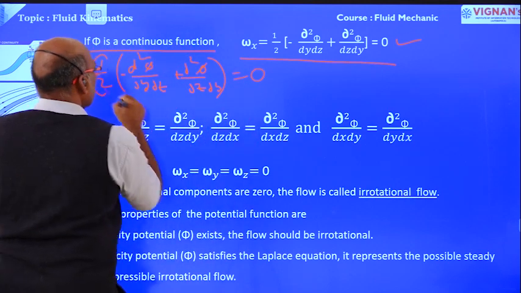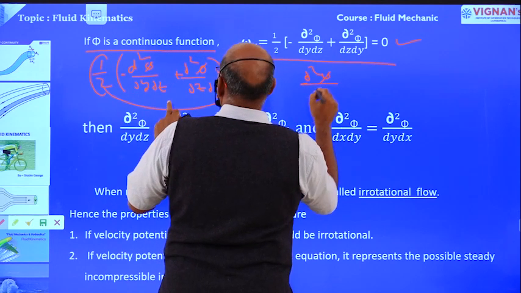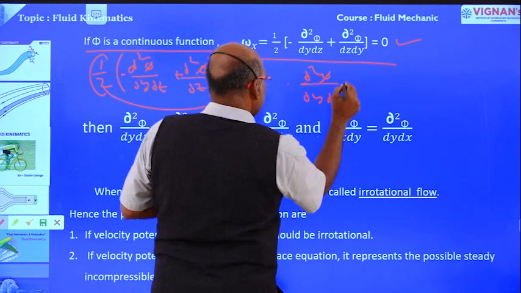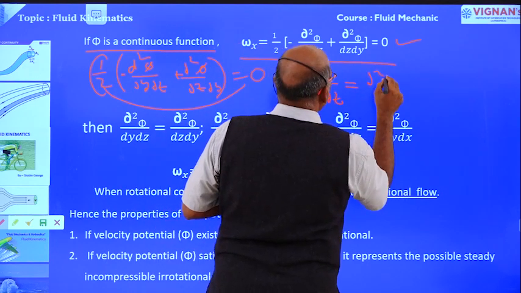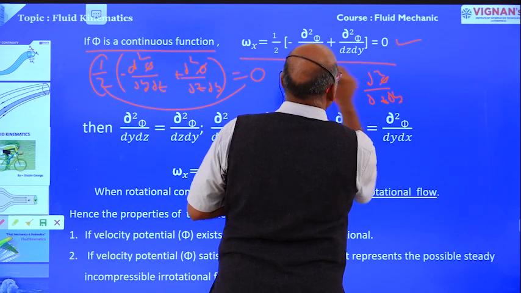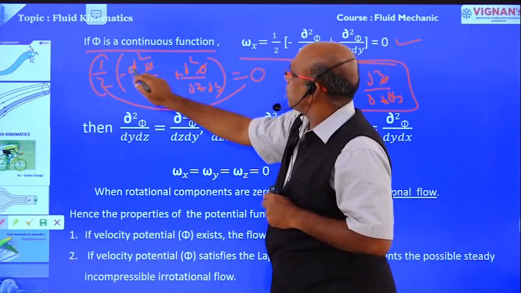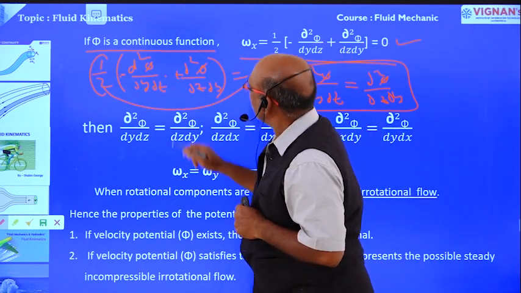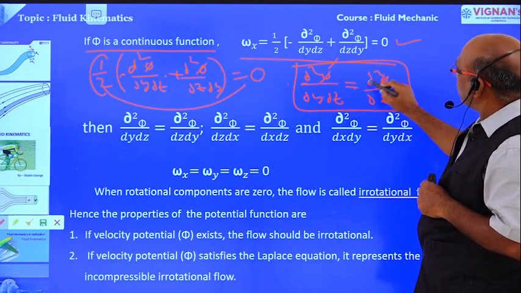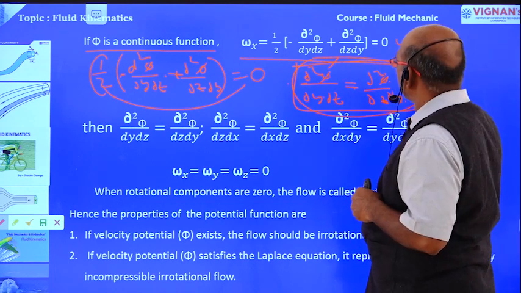Moving this to the other side, therefore ∂²φ/∂y∂z is equal to ∂²φ/∂z∂y. Are you clear? This is a minus value and this is a plus value, so the difference is 0. So ∂²φ/∂y∂z equals ∂²φ/∂z∂y if φ is a continuous function.